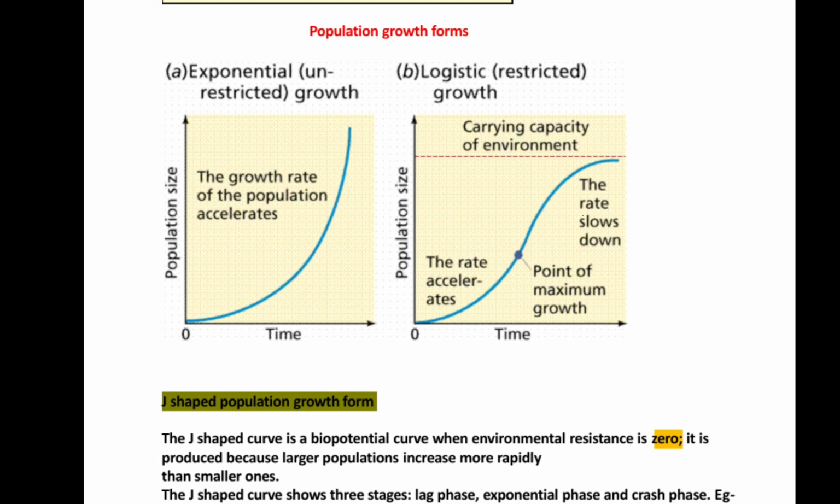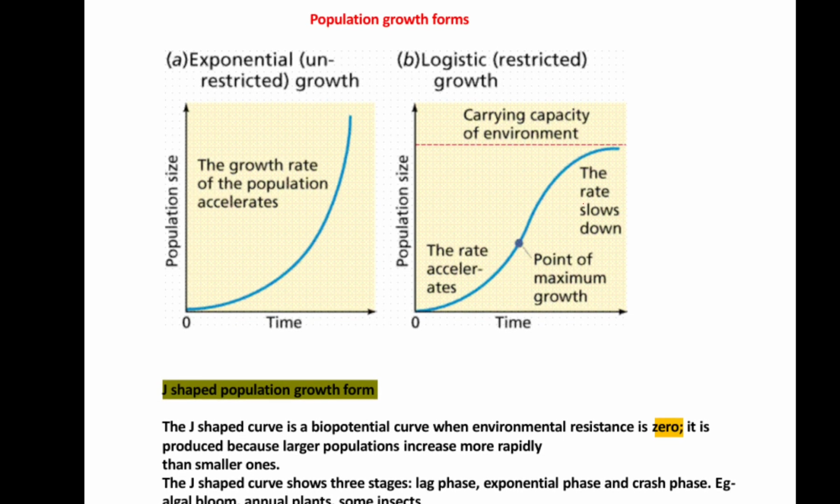Now we will see population growth forms. If I am taking one situation where population is increasing and resources are unlimited, on one axis you take population size and on the other axis you take time, then it is observed that we get a J shaped growth curve.